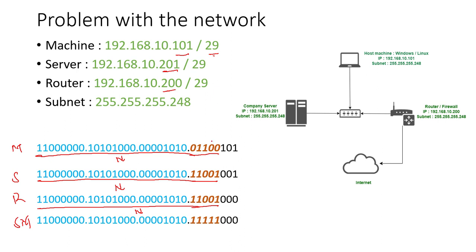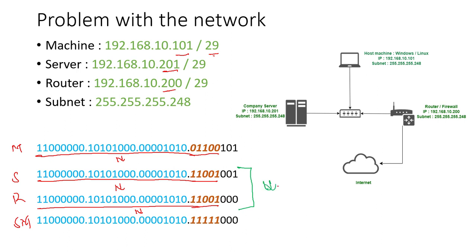It looks like the machine is configured incorrectly, or maybe the server or the router is configured incorrectly, because these two devices, the router and the server, are on the same network: as you see, the combination is the same, 11001, 11001.